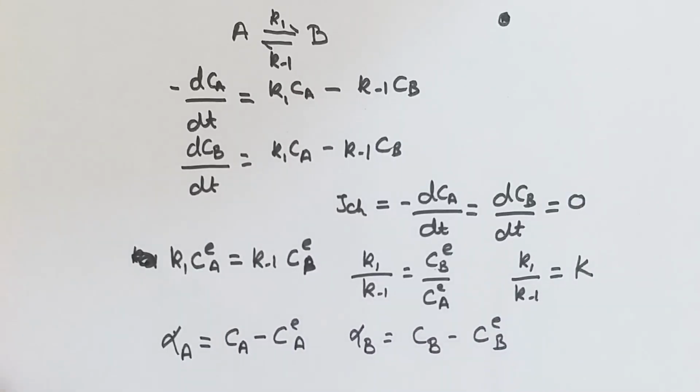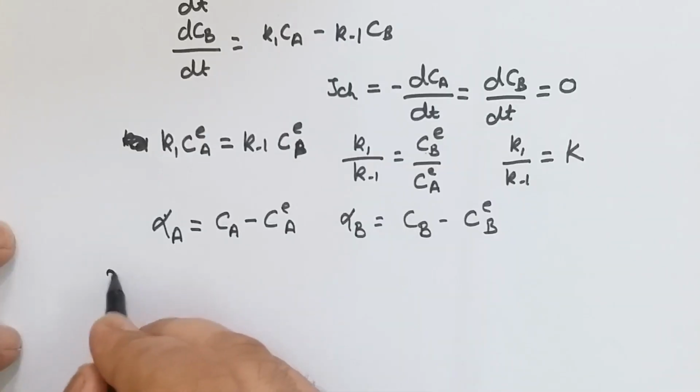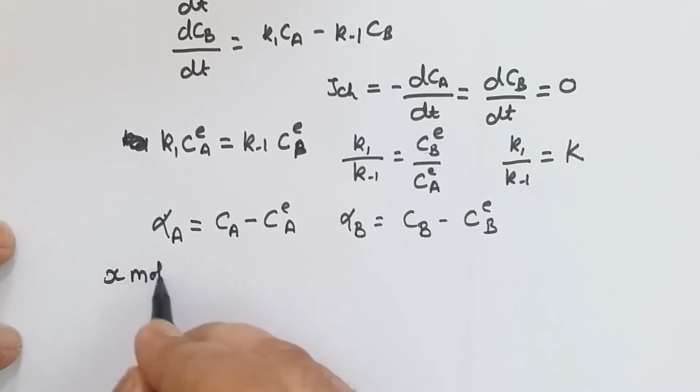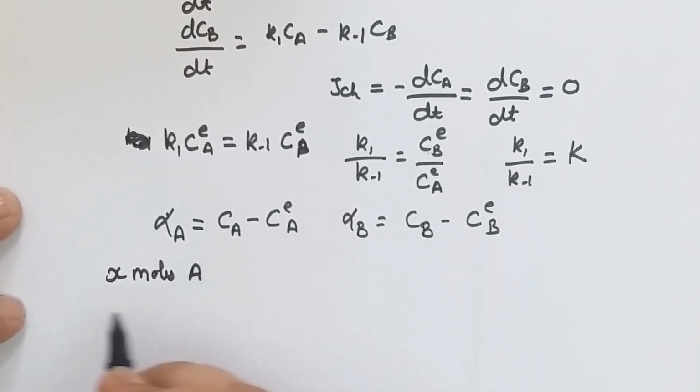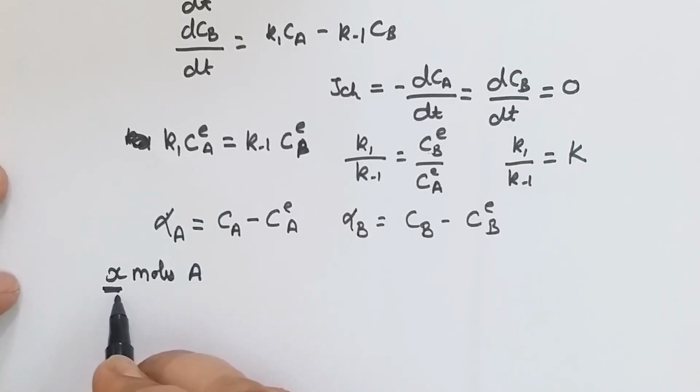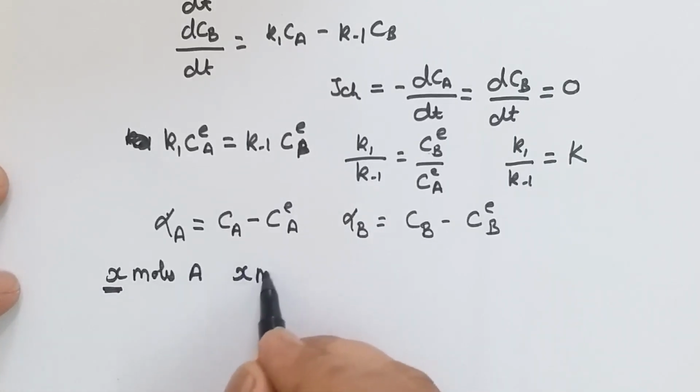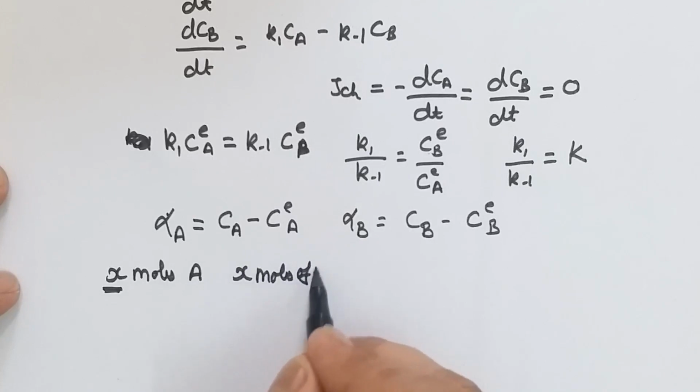Now suppose X moles of A react to give B when equilibrium is attained, that is, under equilibrium condition we consider that X moles of A has reacted to give X moles of B.